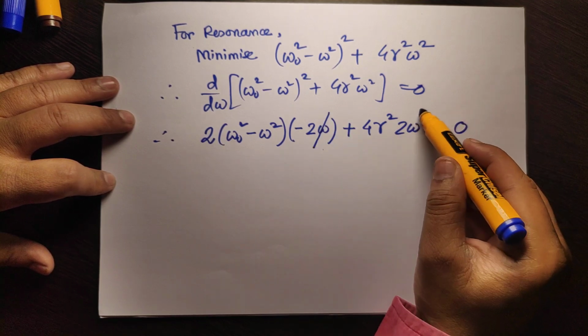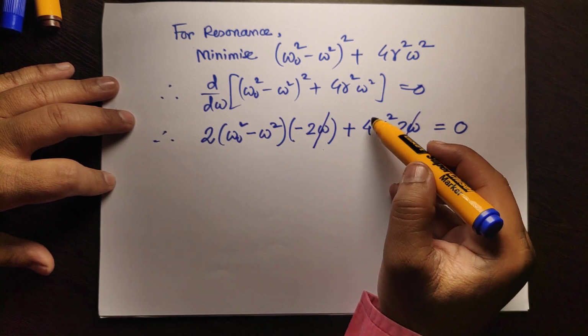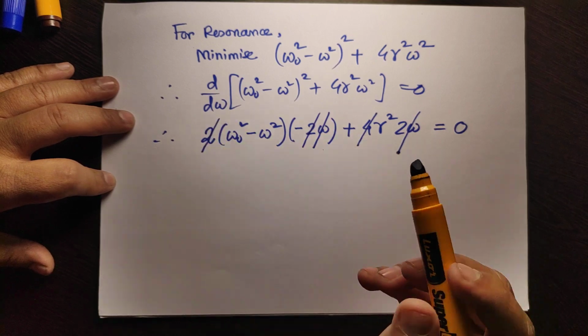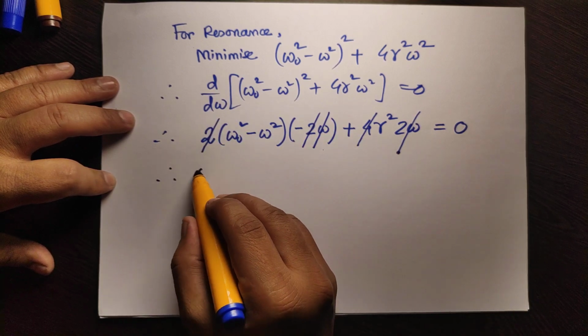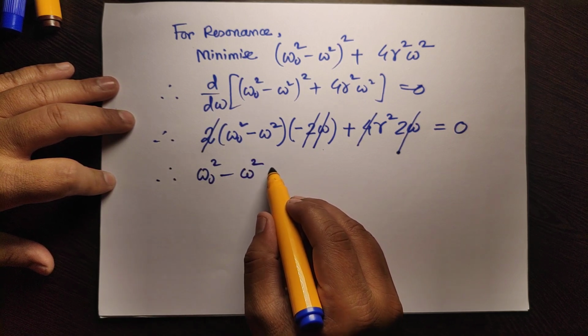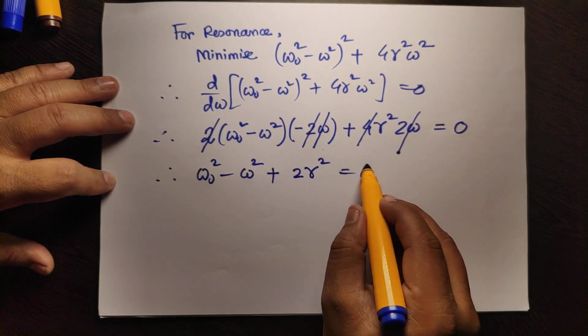So this cancels, this means 4, this cancels. Okay, so you are left with omega naught square minus omega square plus 2 gamma square equal to 0.